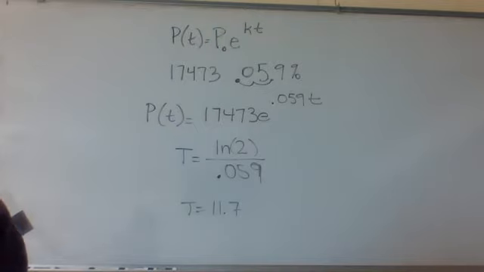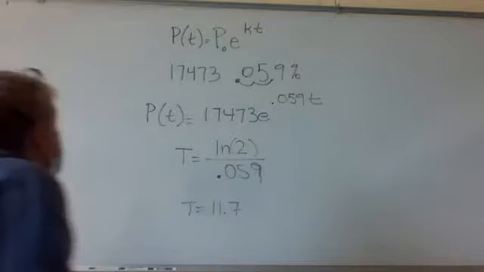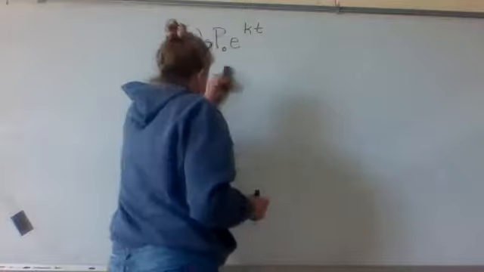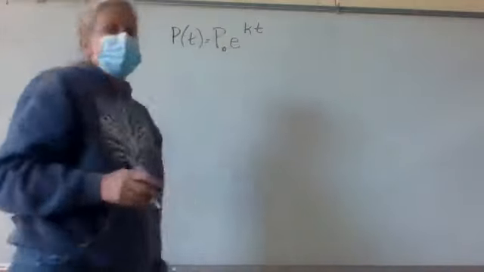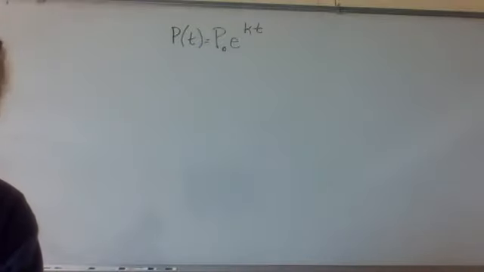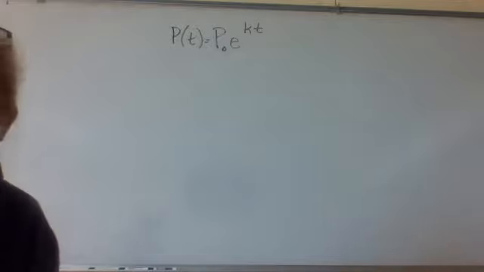Okay, number 4. On number 4, now we are talking about exponential decay, or in other words, now we're going down. We're not growing, we are reducing. Because the data in this table shows that the percentage of adults in a country who are currently married is declining, so going down.